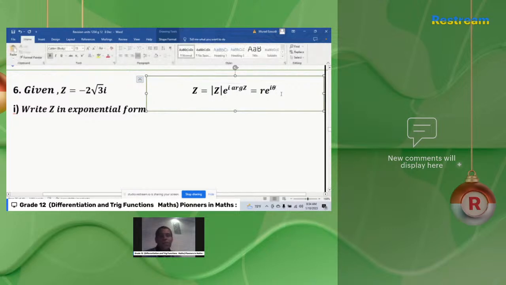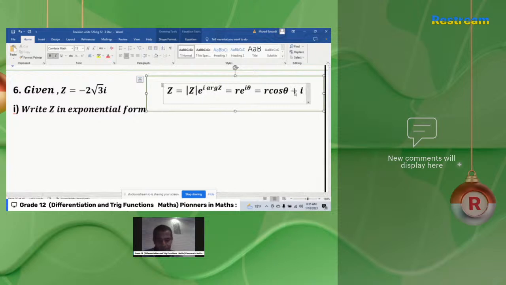Now, learners, if you want to raise this to the power n, you should know that this one is also equal to r cosine theta plus i sine theta.